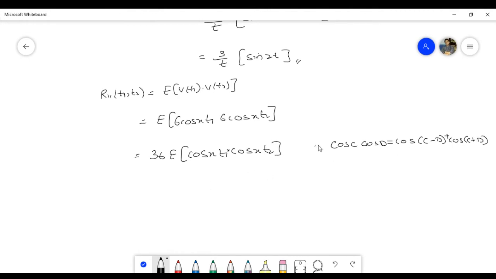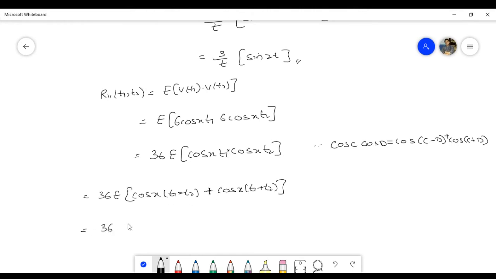So we can write it as 36 times the expected value of cosine x(t1 minus t2) plus cosine x(t1 plus t2). So we have converted this product in terms of a sum.